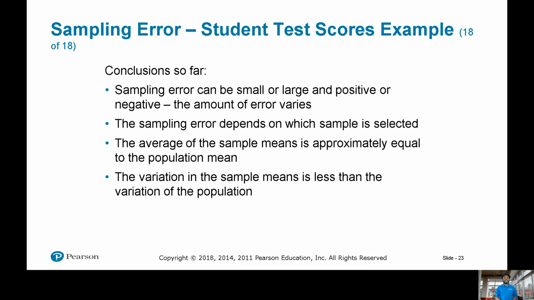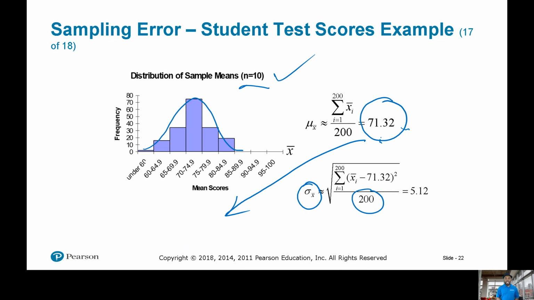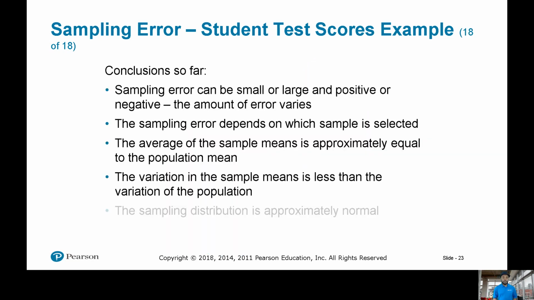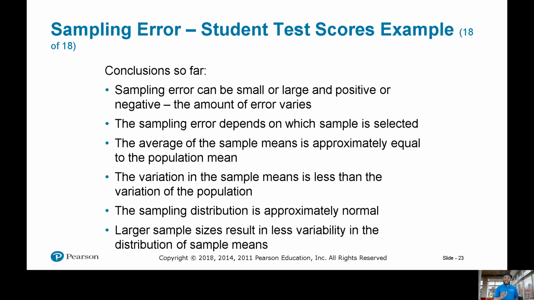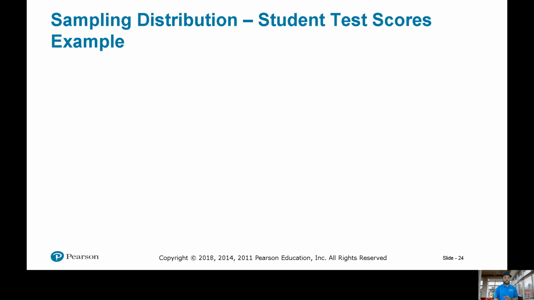The variation in the sample means is less than the variation in the population. As we increase n, this is even smaller than when n is equal to 5. And the sampling distribution is approximately normal. Finally, larger sample sizes result in less variability in the distribution of sample means. That's a very important concept, and we will look at some theorems that really bring this into focus.